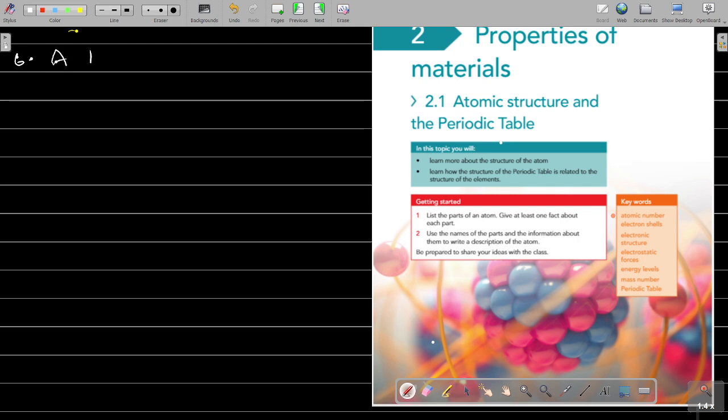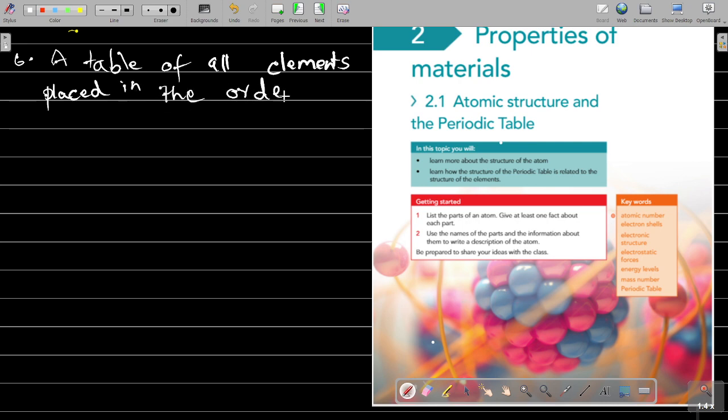It's a table of all elements placed in the order of their atomic number.